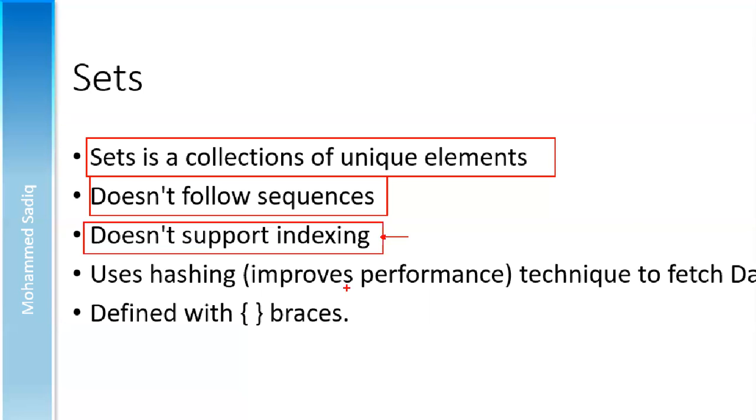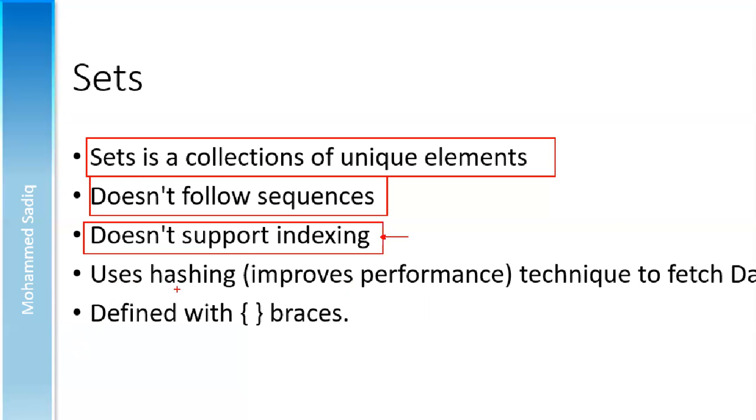Today, if I use index 2, the third element, the next time you iterate, that third element might have a different value. So instead of giving wrong answers, they don't support indexing. We cannot use square brackets with an index number to read the values. If you want to read, you read everything. You cannot partially read values from sets.